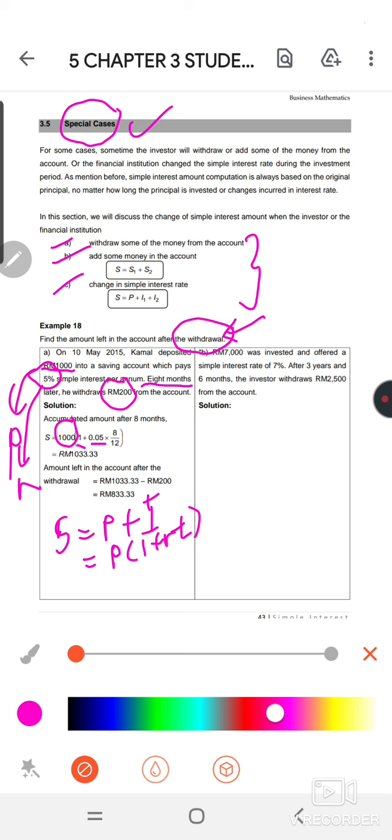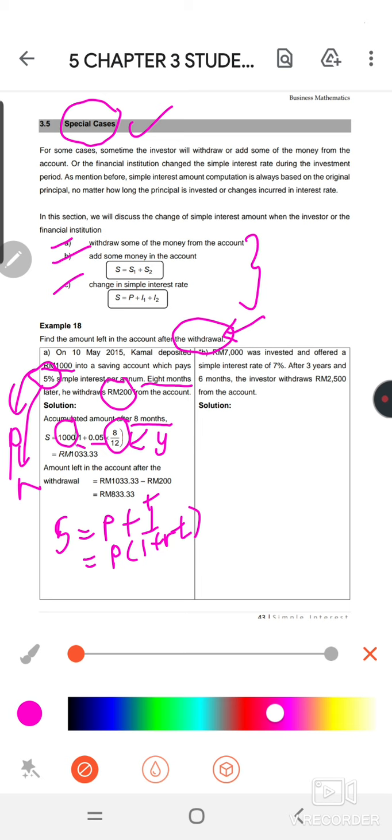Why we divide by 12? Because this one they give you in months. So ingat, sentiasa T ni mesti dalam years. You substitute into the formula and you will get RM1,033.33. Okay, so this one is the simple amount formula.